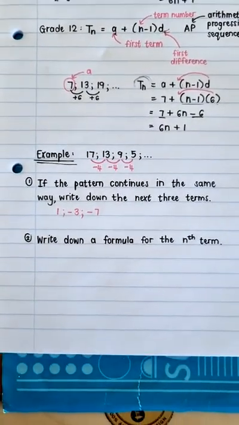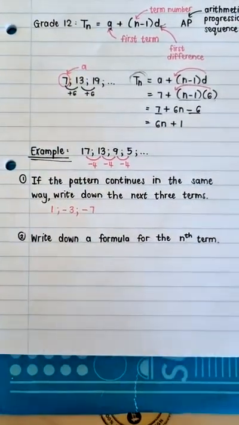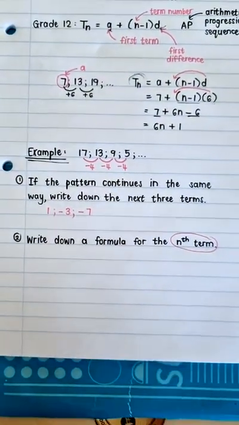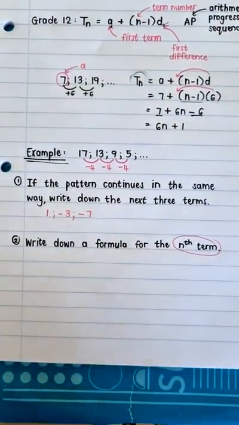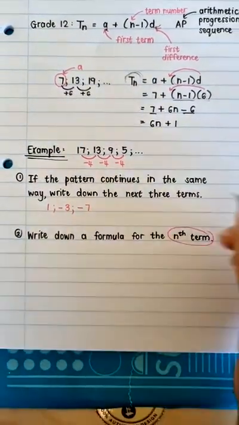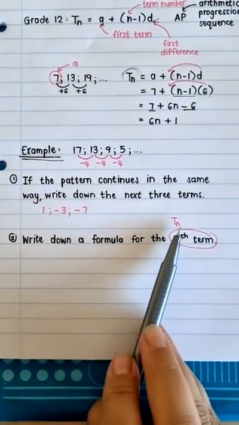Sorry about this. Okay, write down a formula for the nth term. Now, guys, the nth term, there are different names for that. They can ask the same question using different words. So instead of using the words nth term, they can just say Tn, or term n.